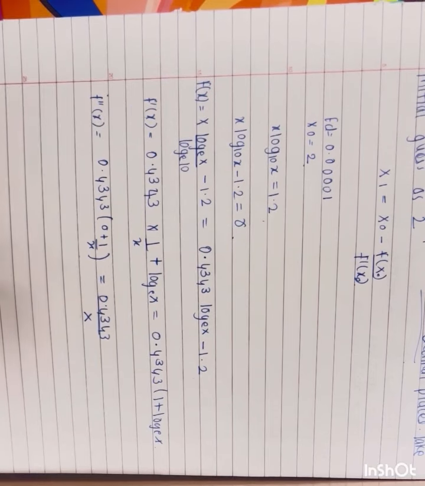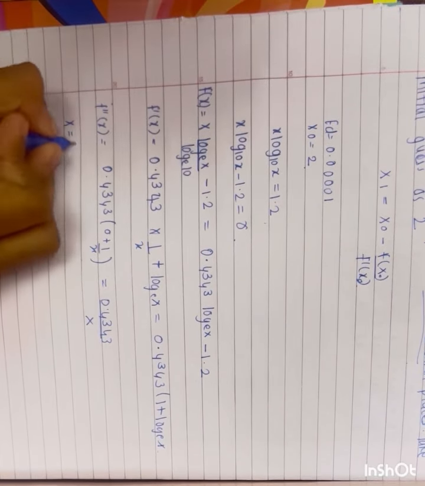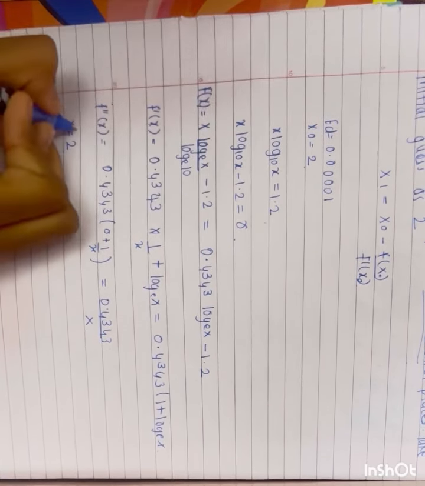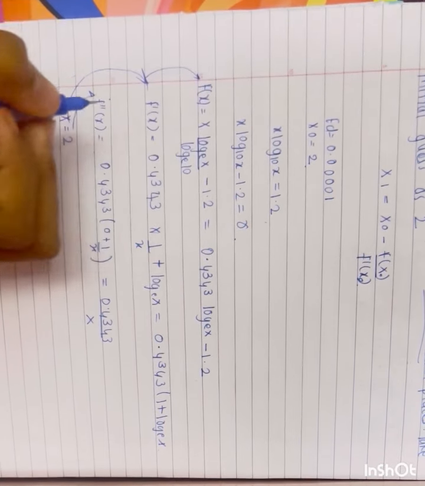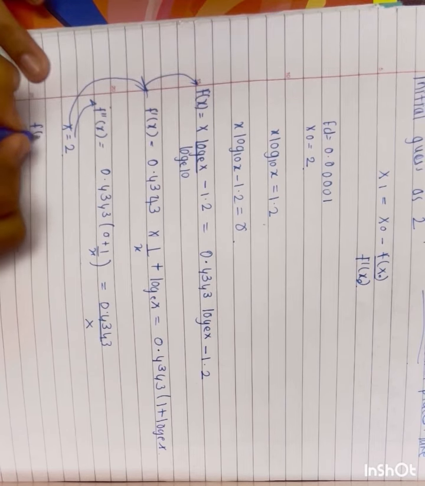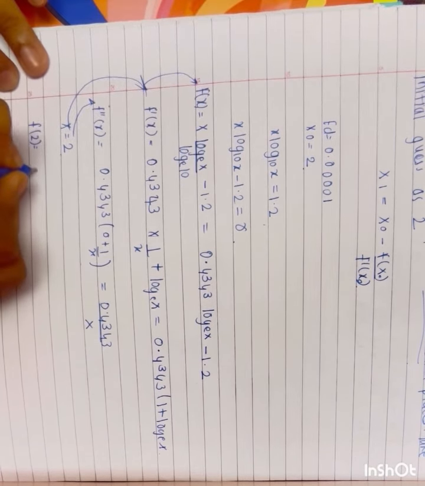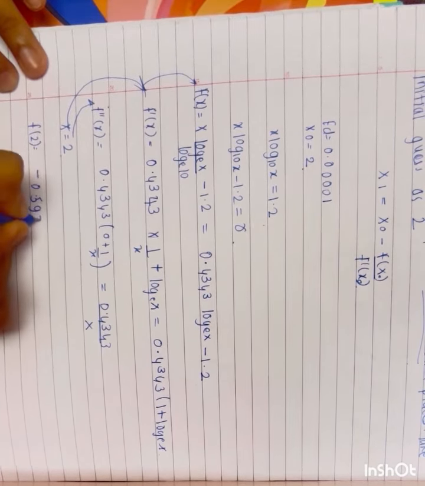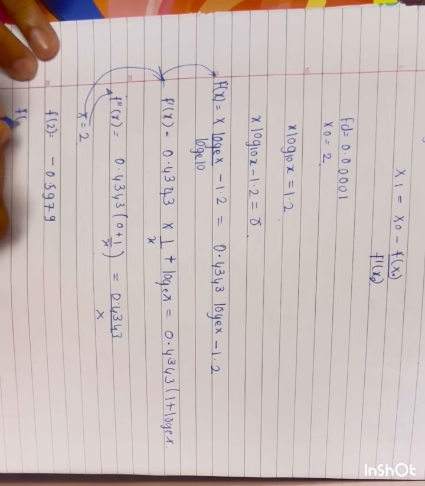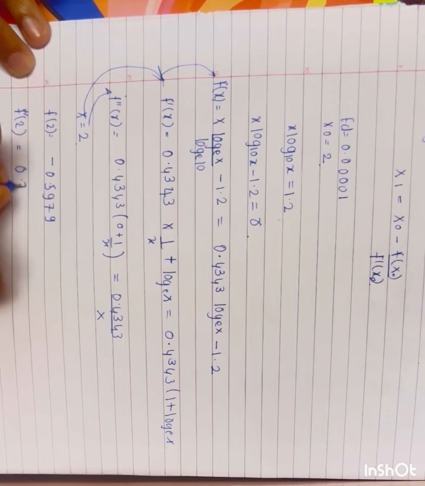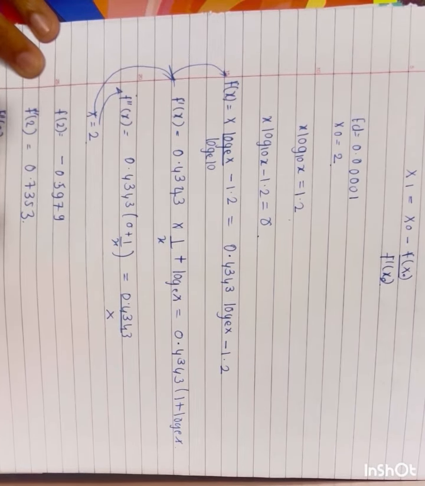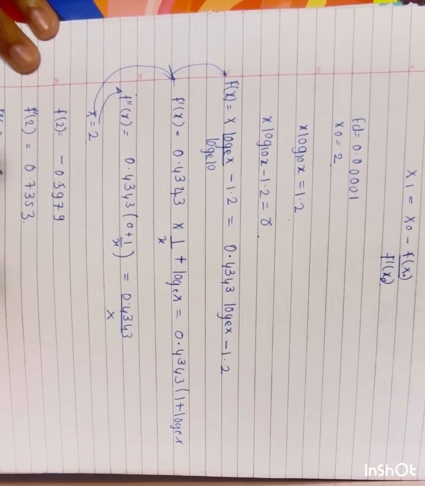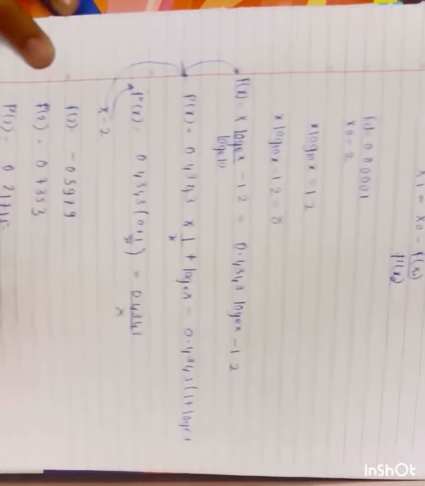So as our initial guess was x is equal to 2, we will substitute x is equal to 2 in this, and in this. I'll directly tell you the values. f of 2 is minus 0.5979, f dash of 2 equals 0.7353, and f double dash of 2 equals 0.21715.